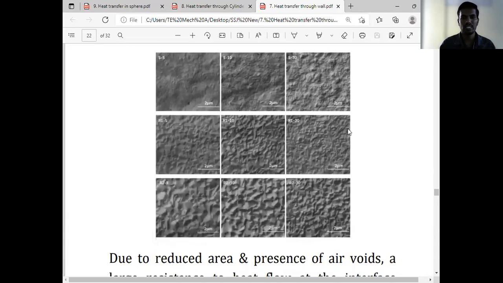ओके, सो दीज आर द डिफरंट शेप्स. बिकॉज ऑफ दॅट surface area will be reduced.